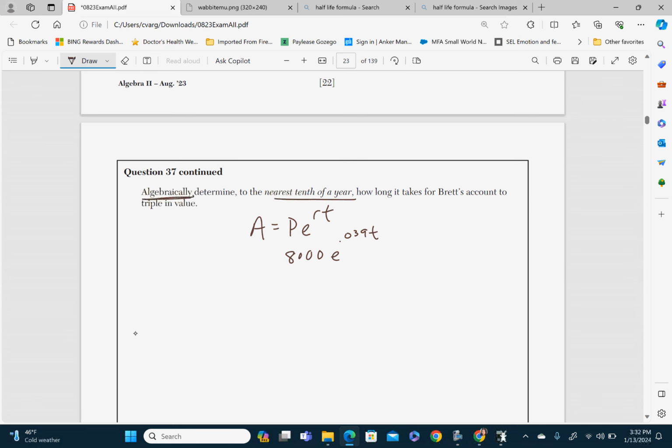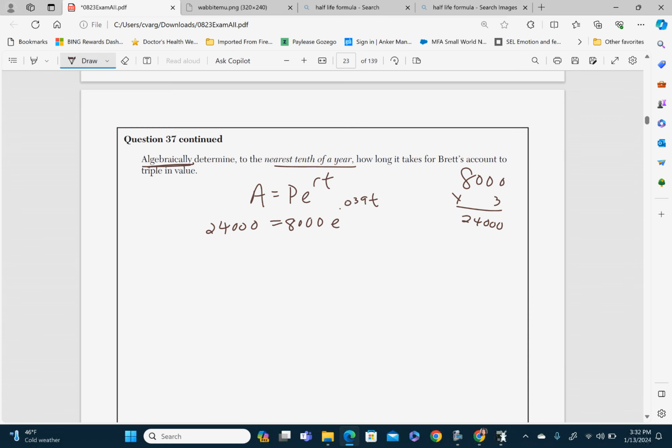So we want to know how long it takes for this to triple. What is 8,000 tripled? Times 3 is 24,000. Okay, so we want to know 24,000. If you did not know how to do this algebraically, again, y1, y2, see where they meet. But we can do this algebraically.